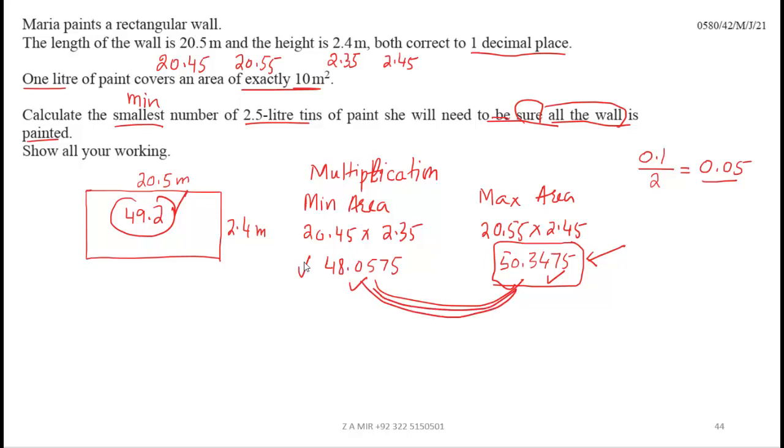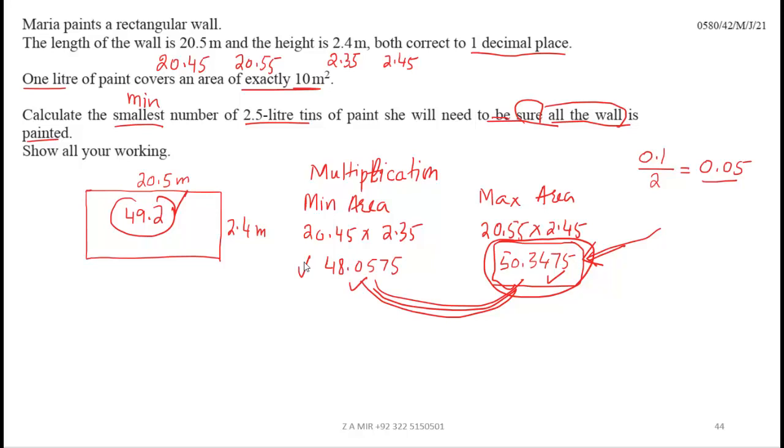Even if the area of the wall is somewhere between these two, we are sure that the whole wall would be painted. Maybe we have a little bit greater amount of paint, some paint may be left, but we are 100% sure that all the wall must be painted.